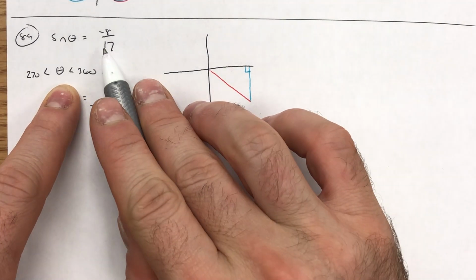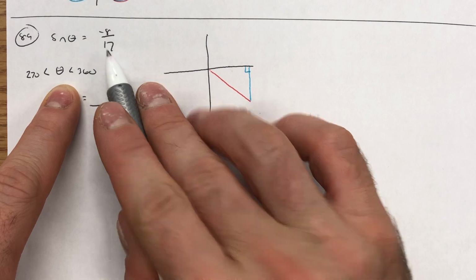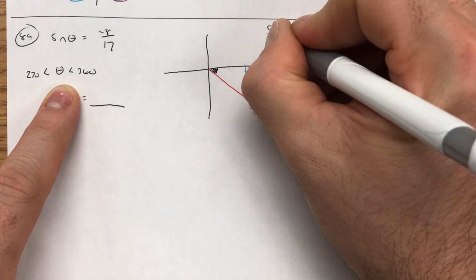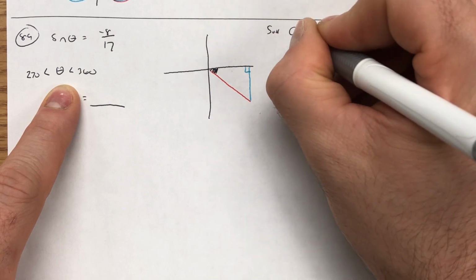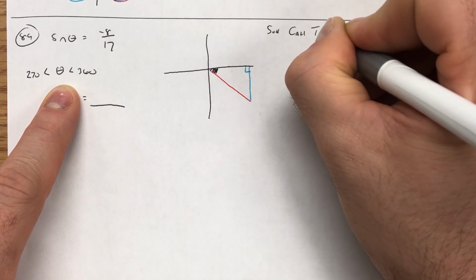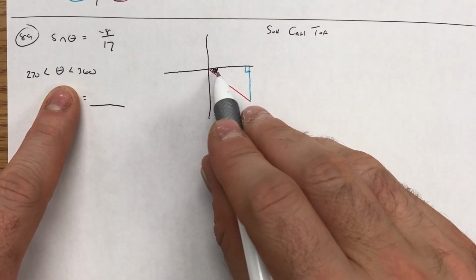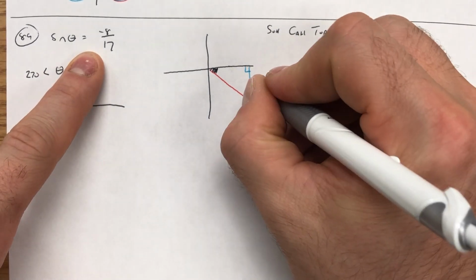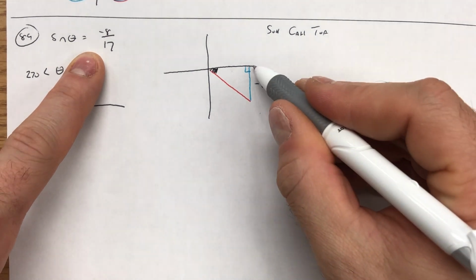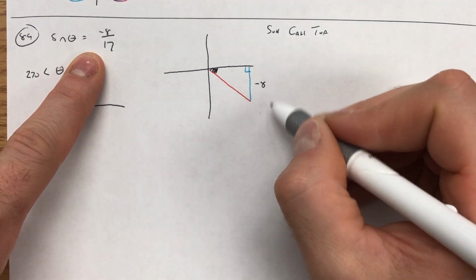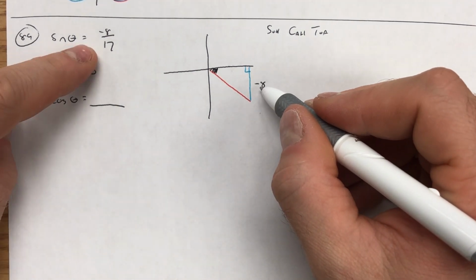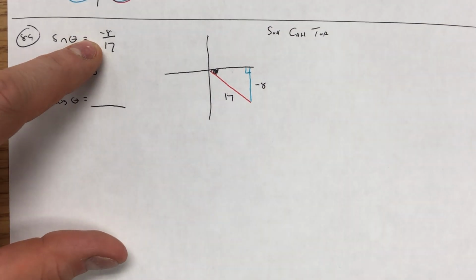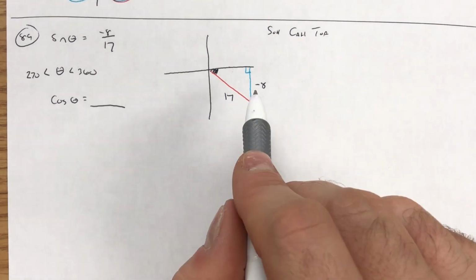Furthermore, I know that sine is opposite over hypotenuse from SOHCAHTOA. The opposite of that angle is going to be right here. That must be where the negative 8 comes into play, because that is the y value, and the y value has to be negative. And if the 8 is negative, that means the hypotenuse must be positive.